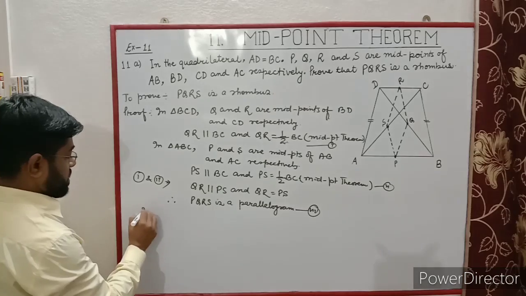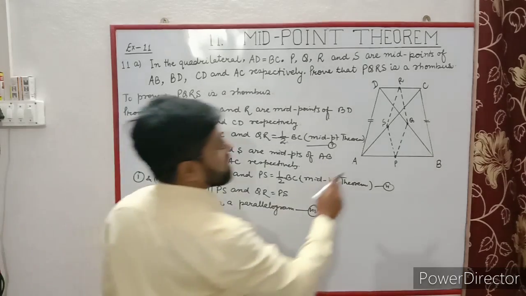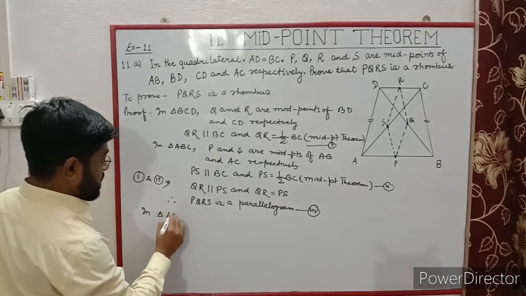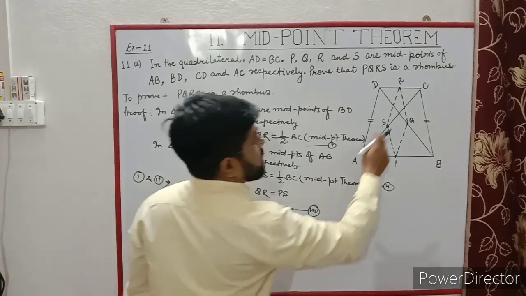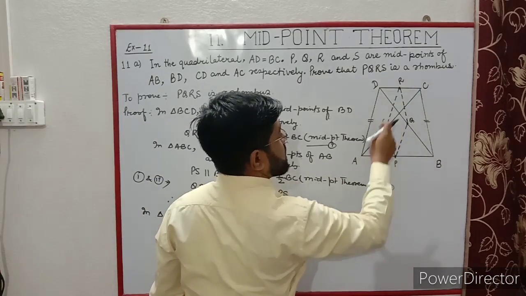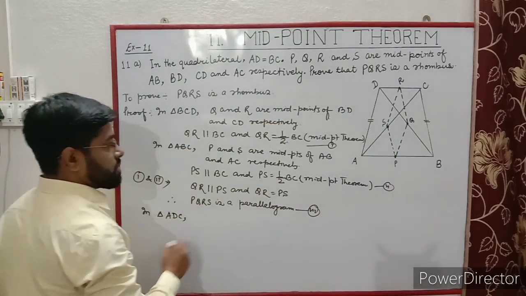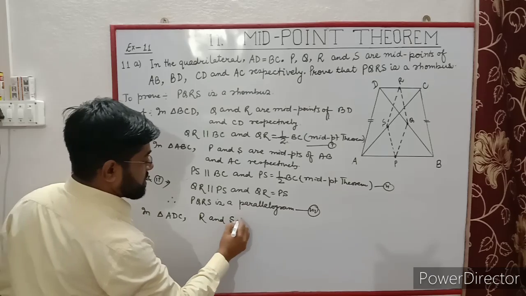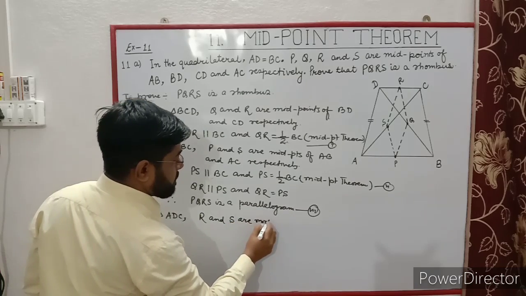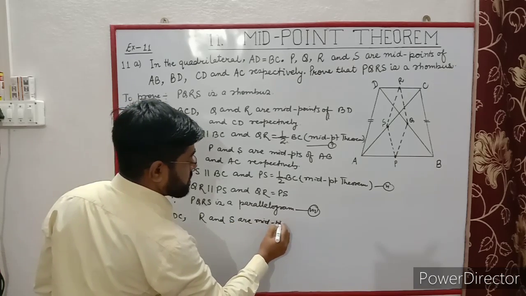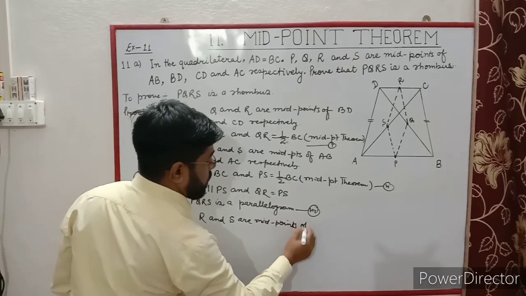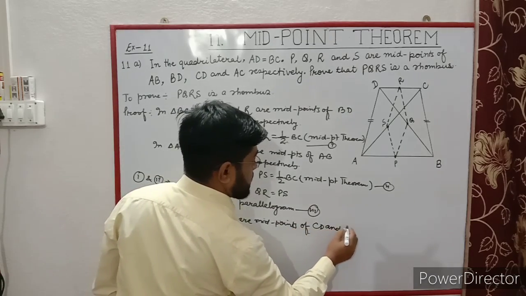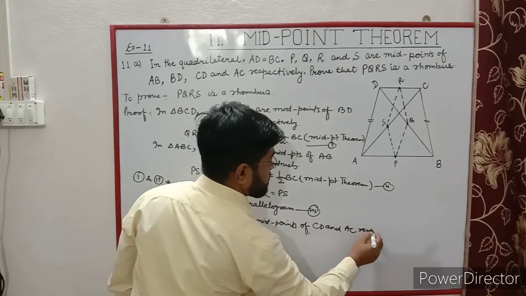Now in triangle ADC, R is the midpoint of CD, S is the midpoint of AC. So R and S are midpoints of CD and AC respectively.